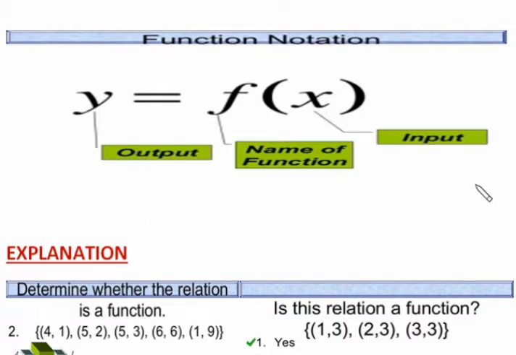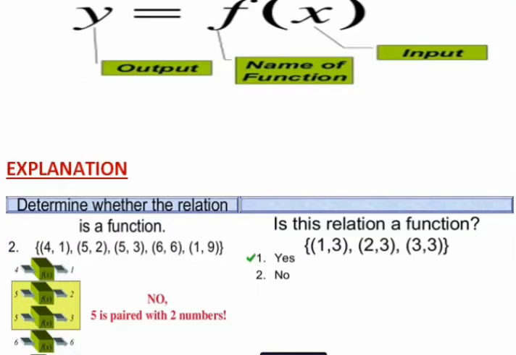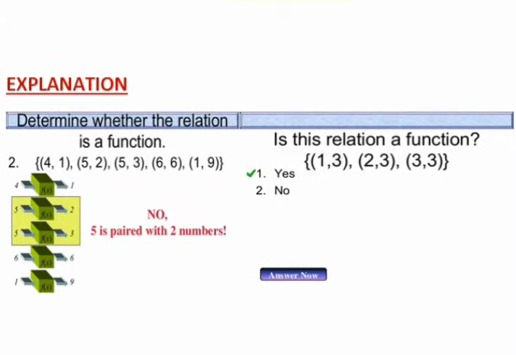Okay, now see more examples for further explanation. Here we see, determine whether the relation is a function. These are the ordered pairs of R, and we need to check whether this is a function or not. What we observe here: 4, its output is 1; 5, its output is 2; 5, its output is 3; 6, its output is 6; and 1, its output is 9.